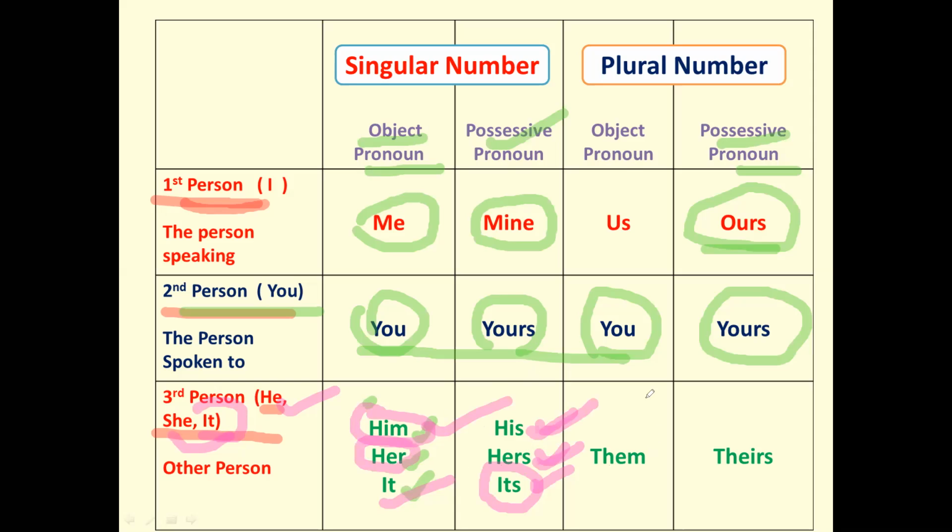And the objective pronoun them. We say they, them. In the objective pronoun them, theirs becomes the possessive pronoun. So theirs is derived from them, the objective pronoun, plural number.